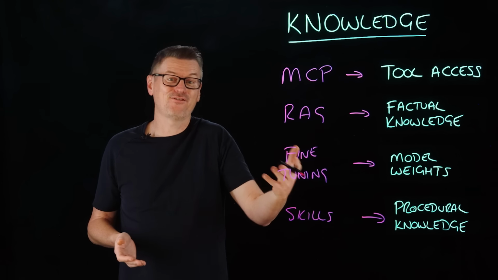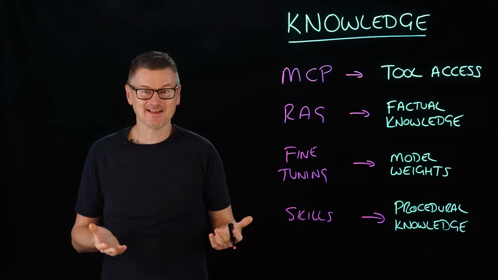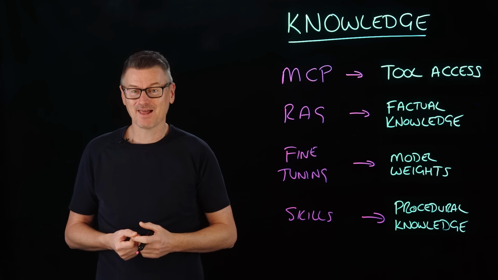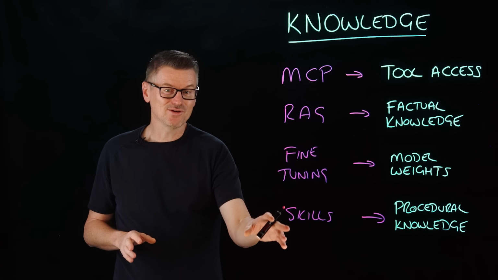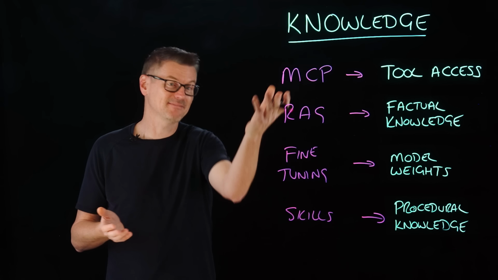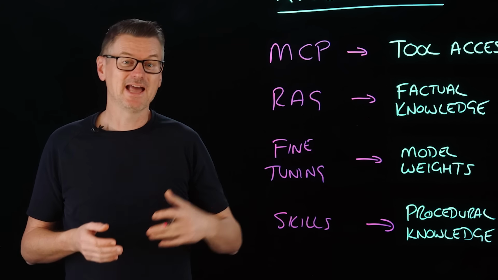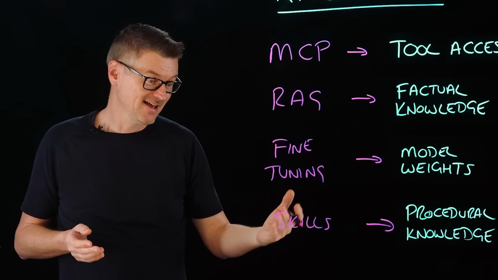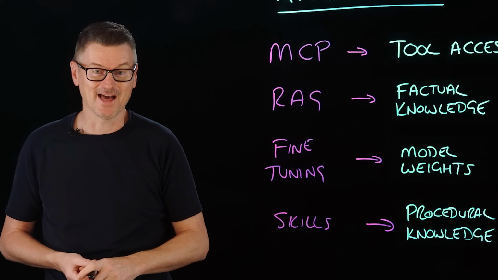And because they're just files, they can be version controlled, they can be easily updated, and you can easily move them between platforms. Now, in practice, skills will often use some of these other forms of knowledge, like MCP, for example. So MCP provides the capability to invoke something externally, and the skill provides the judgment for when and how to do that.